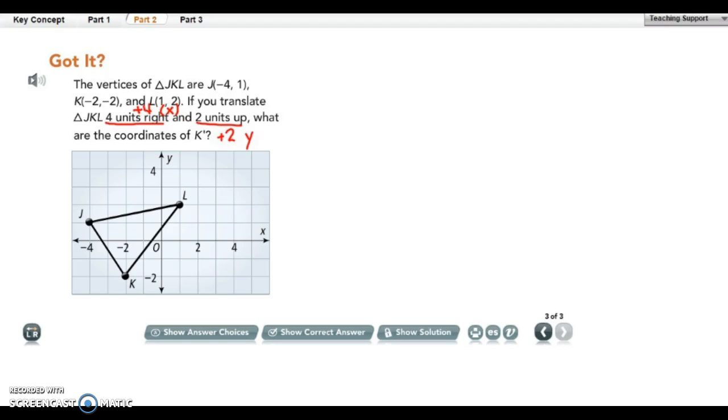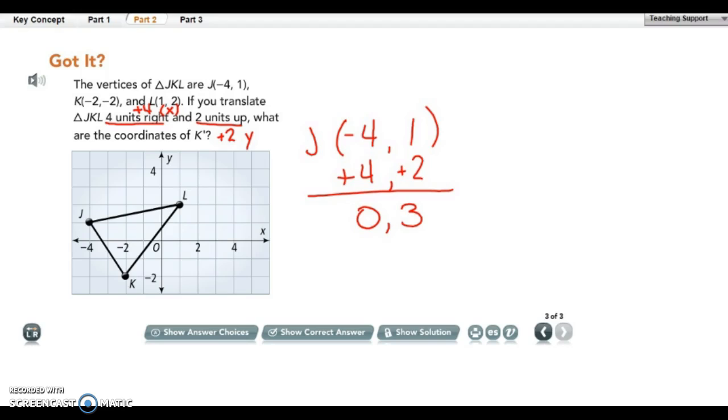So let's look at it if we just had our letters and our ordered pairs. So here is our ordered pair for j, and then we're going to have +4 for our x and +2 for our y. This is going to give me 0, 3 for j prime. So over 0 and up 3 is going to give me j prime.